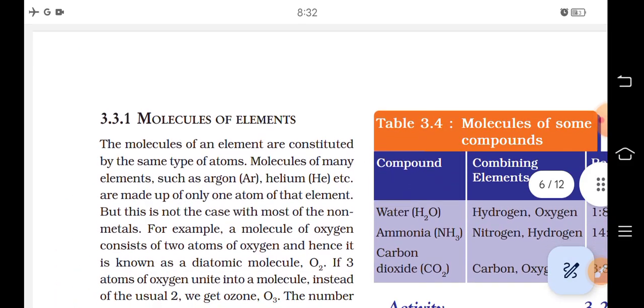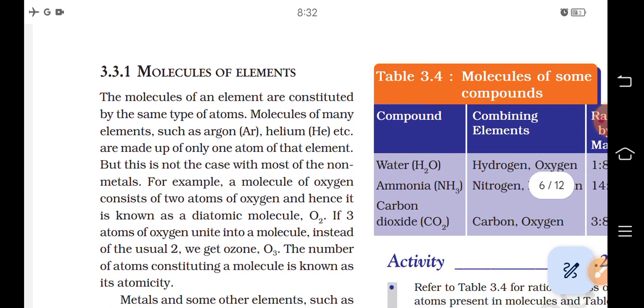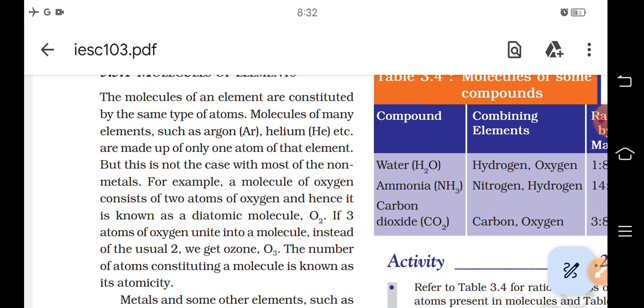3.3.1 Molecules of elements. The molecules of an element are constituted by the same type of atoms. Molecules of many elements, such as argon, helium, etc., are made up of only one atom of that element, but this is not the case with most non-metals.